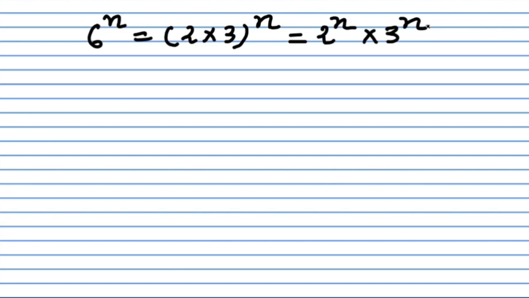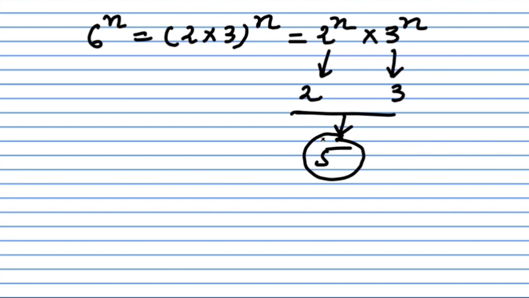Now by this I can say that 6 raised to n can be divided by 2 and by 3. It does not include 5 as a factor.